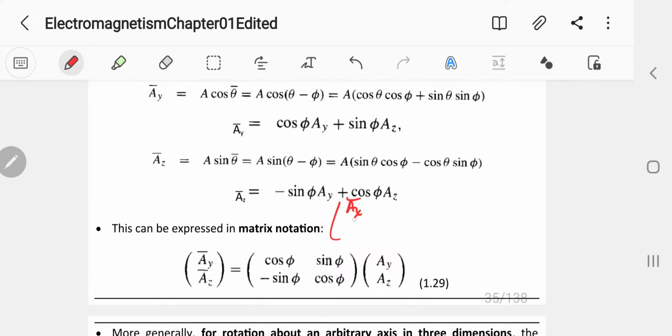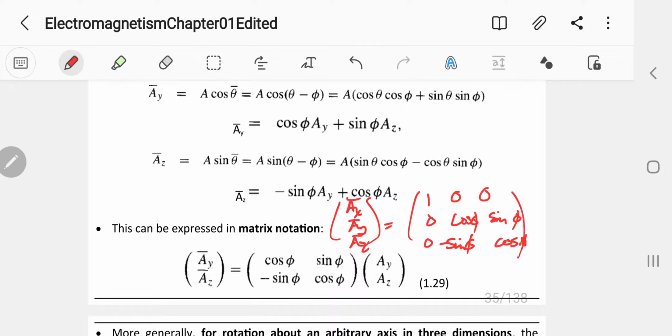A x bar, A y bar, A z bar equals the matrix with rows 1 0 0, 0 cosine phi sine phi, 0 negative sine phi cosine phi, times Ax, Ay, Az.